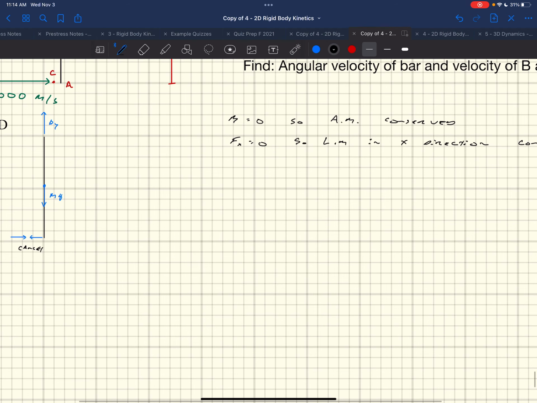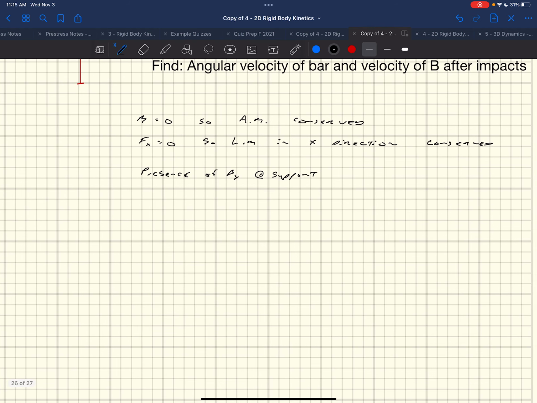So what we're going to say here is that the presence of By at the support prevents linear momentum from being conserved.